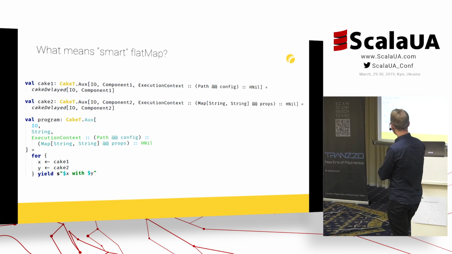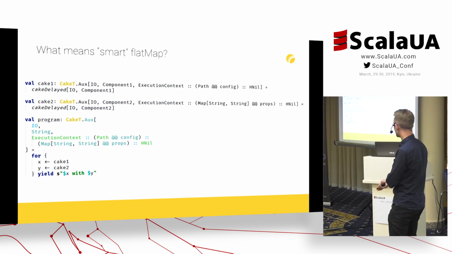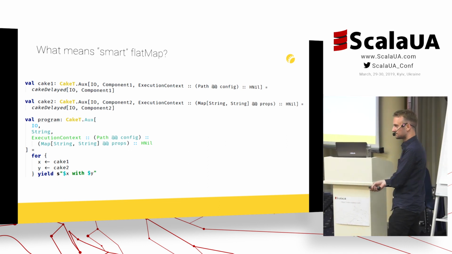So if cake1 depends on execution context and cake2 also depends on execution context, we don't want repetitions. So the resulting program depends on execution context, on configuration path, on properties, because they're unique, and that's all. Is it clear?